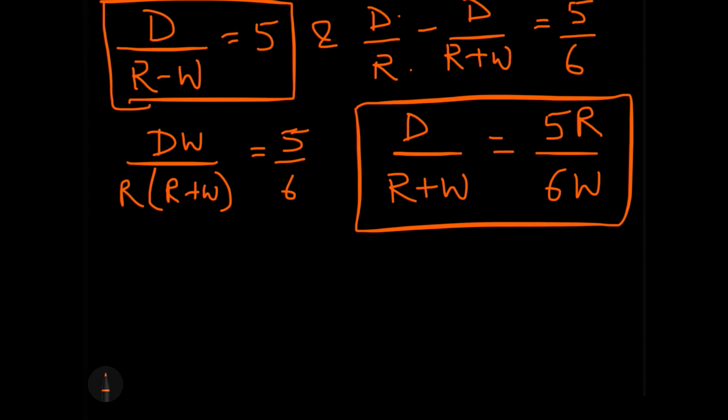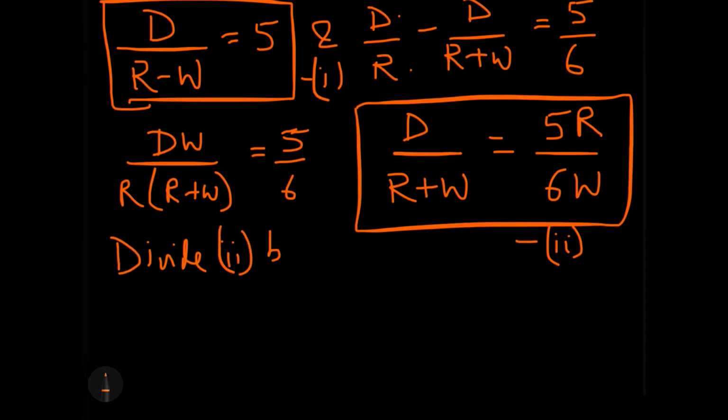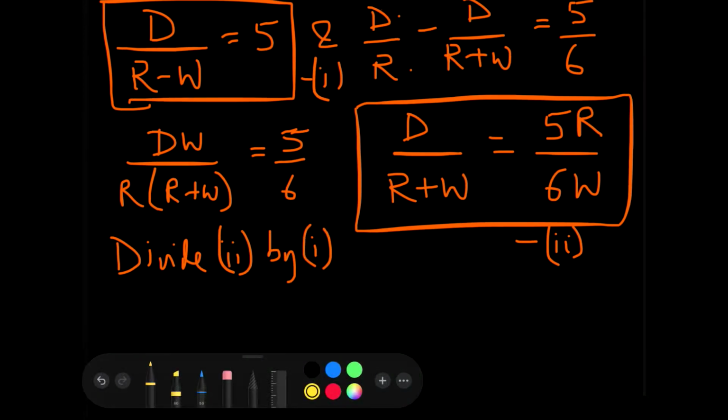Now, next step is to divide the two equations. This is my equation number 1. This is my equation number 2. And if I divide the equation 2 by 1, then what is the purpose of dividing? Have you ever thought of it? The purpose of dividing is to get rid of one variable, which is d, and to simplify the numbers associated also.